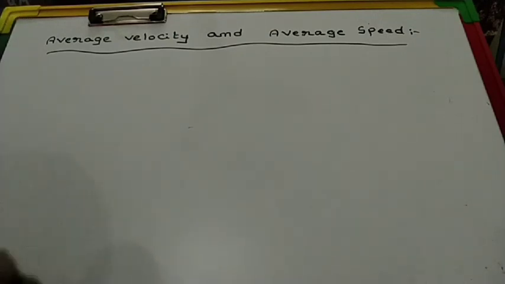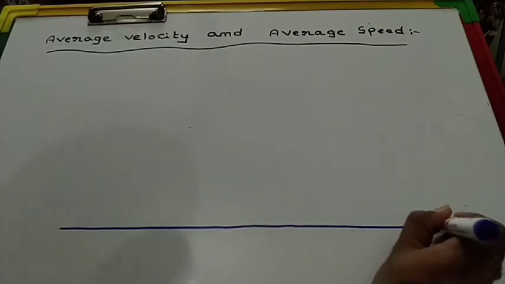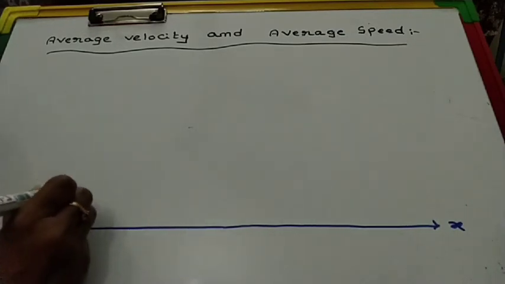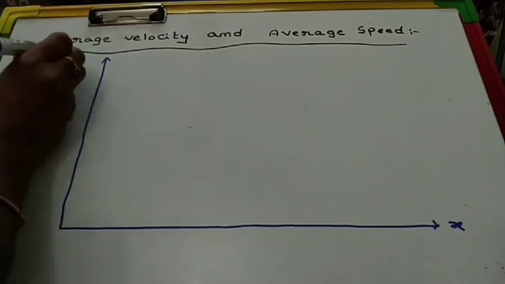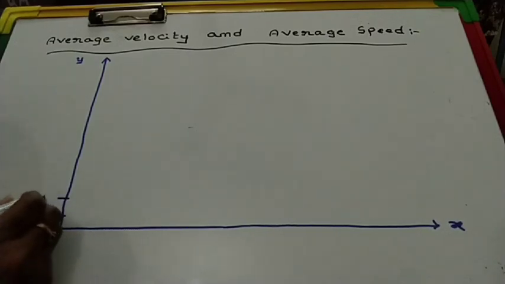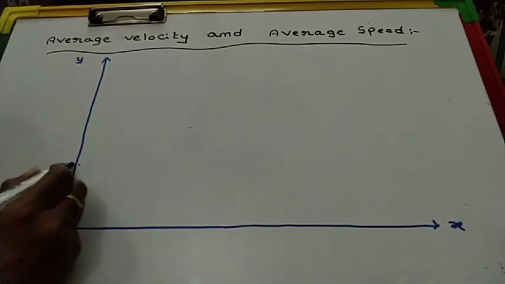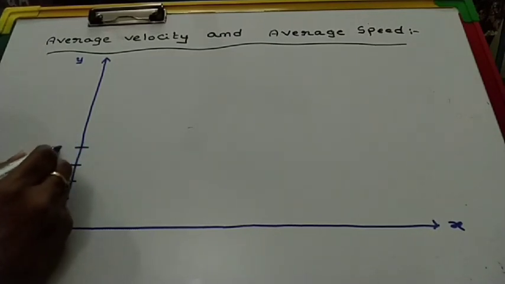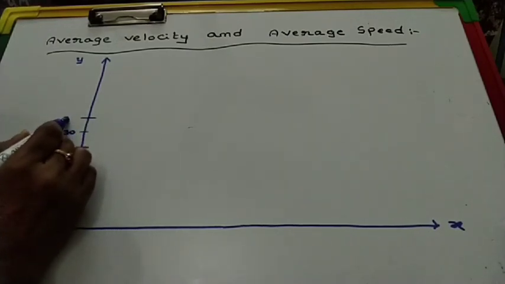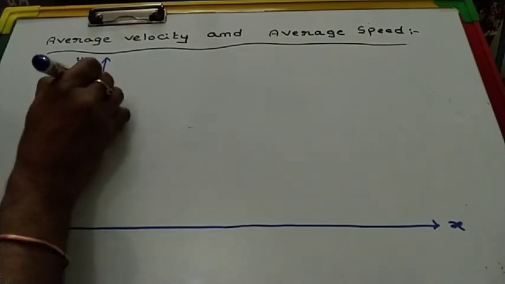Now, our concept is average velocity and average speed. First, I draw a diagram. Please observe carefully. Take the x-axis, take the y-axis, consider 5, 10, 15, 20, 25, 30, 35, 40, 45.